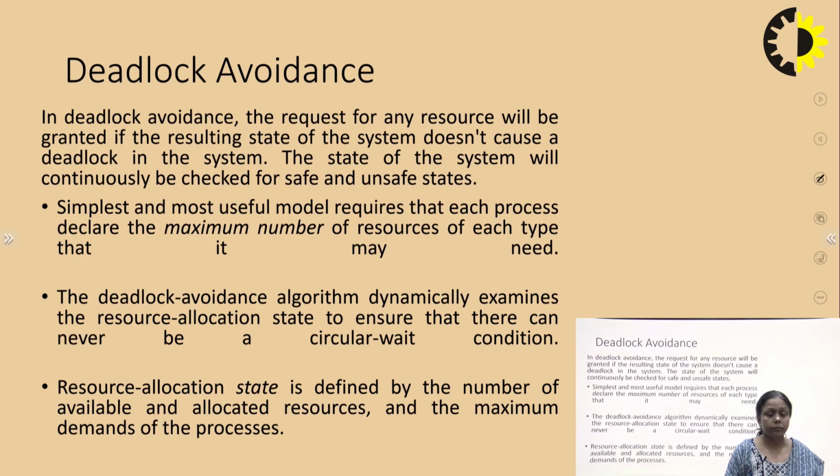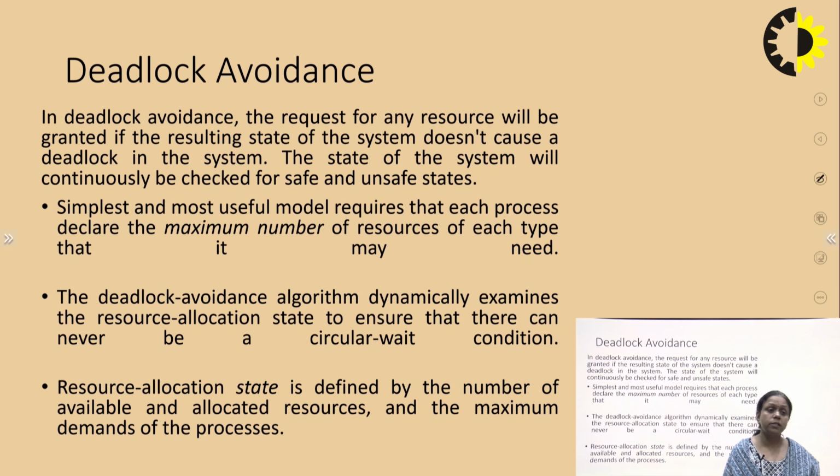Fine. The next method is deadlock avoidance. In deadlock avoidance, we will have prior knowledge of the resources. Each and every process should know how many resources are required in the system. Firstly, and the second thing is, in this case, we have 2 states, safe and unsafe. If the system is in the safe state, it means there will be no deadlock.